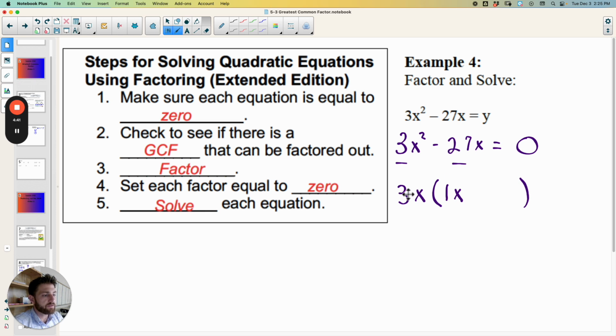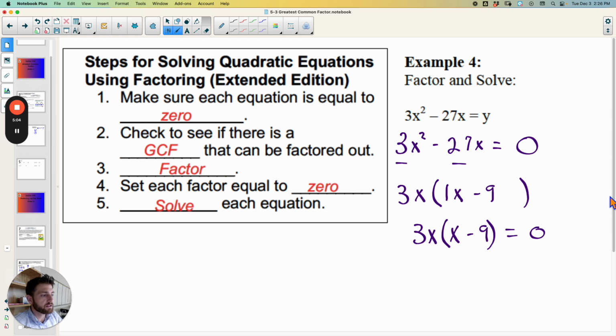Negative 27 divided by 3 is negative 9. And x divided by x, they just cancel out, so we are not going to write an x here. You can think of it as x to the 0, but we don't write it as x to the 0. So let me rewrite this without a 1 in front. So this should be 3x times x minus 9, and then that equals 0.